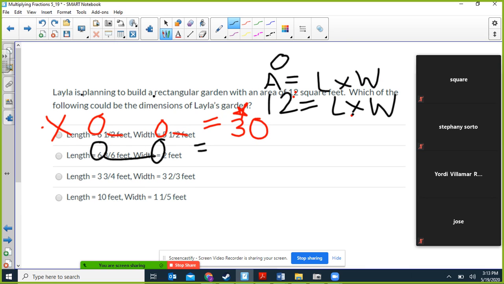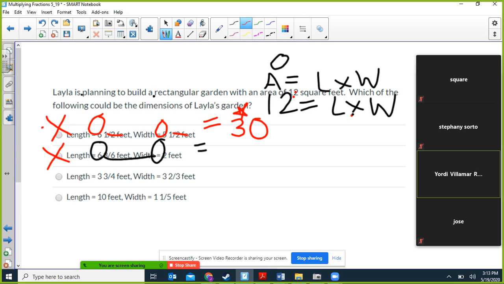But if we include that fraction, are we going to have more than 12? So can that be a possible answer choice? All right. It cannot be an answer choice because it's going to give us something that is greater than 12.